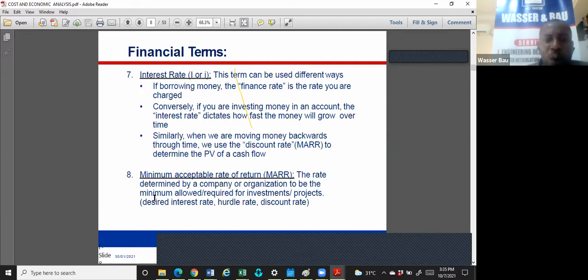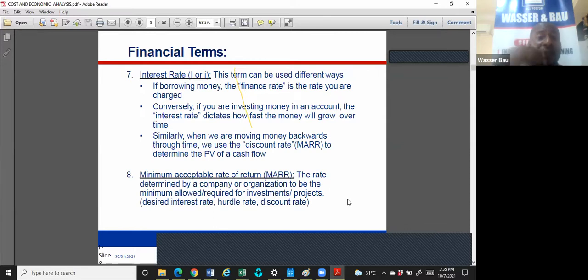Then the next term is what we call the minimum acceptable rate of return, MARR. This is the rate determined by a company or organization to be the minimum required for investment. Let's say, for instance, you as an engineer, if your friend comes to borrow money from you, you tell him to give you 5% interest, 10% interest.